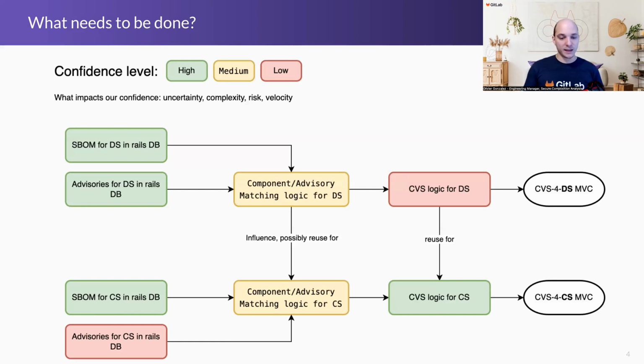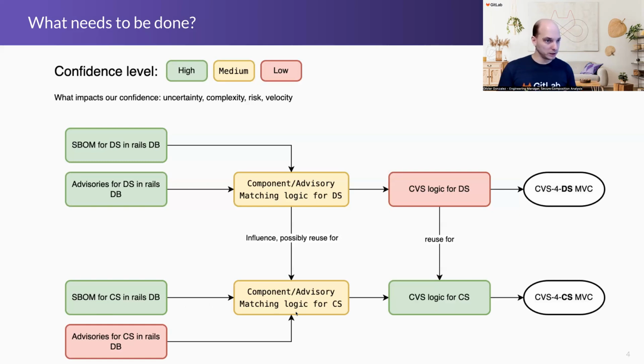On the other hand, the advisories for container scanning is something that is much more complex. The data is spread amongst multiple databases, and this is currently mainly handled by our open source components. So we need to have a better grasp of how this data is built, what it contains, because we will have to make sure we can manage and handle that data ourselves and feed it into the matching logic.